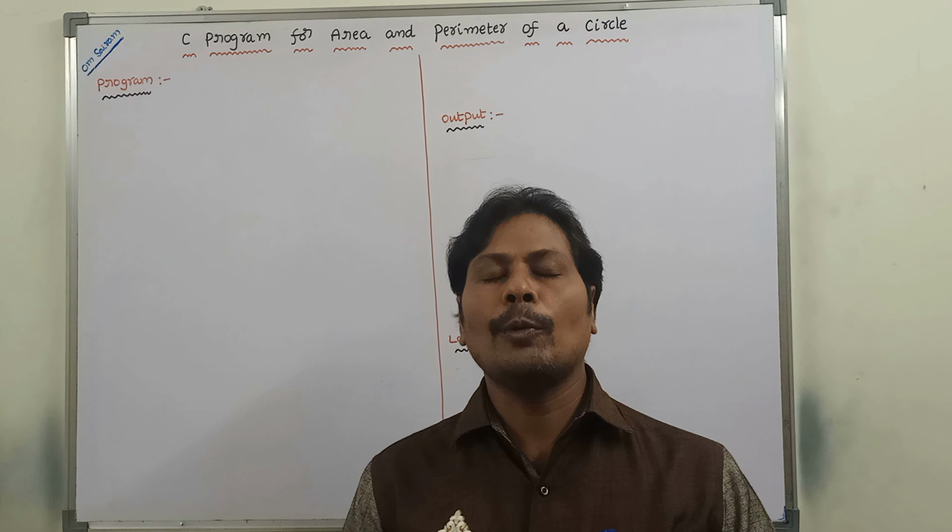Next, the second one is the perimeter of a circle. What is the formula for the perimeter of a circle? 2 into pi into r. Here the pi value is 22/7 and the radius value is 7.